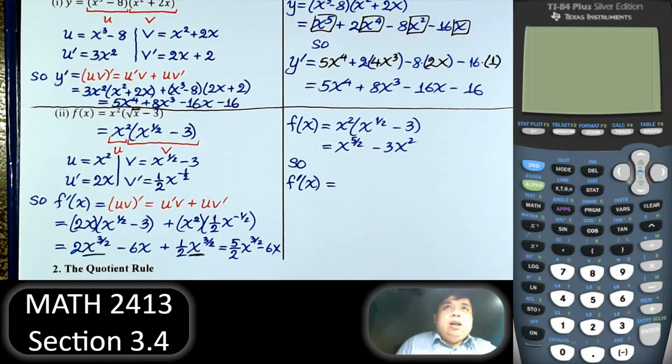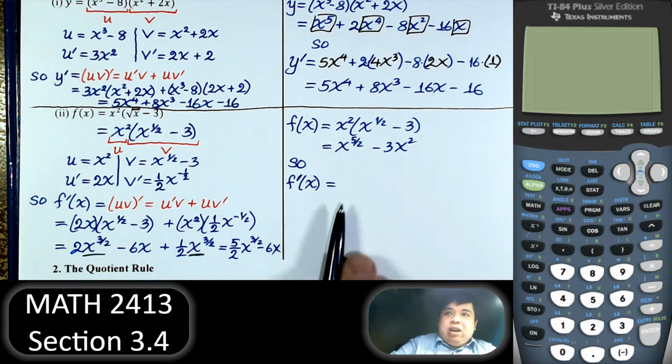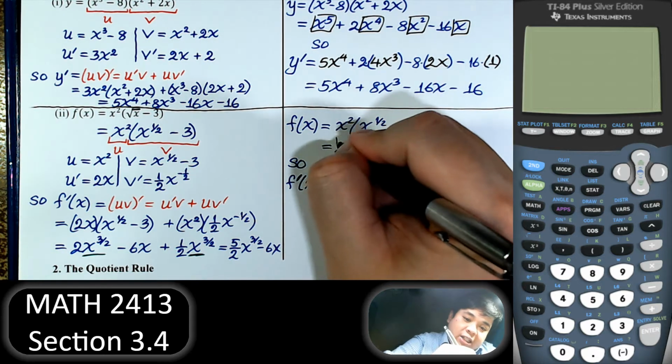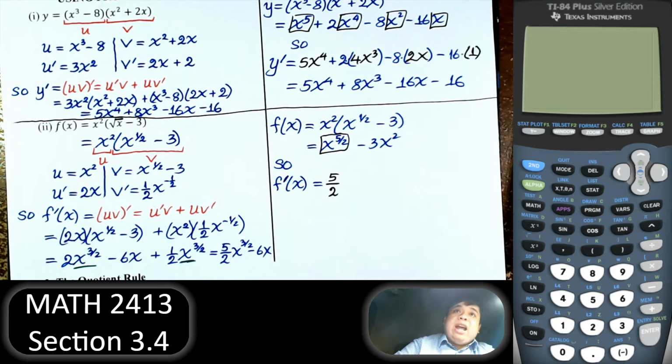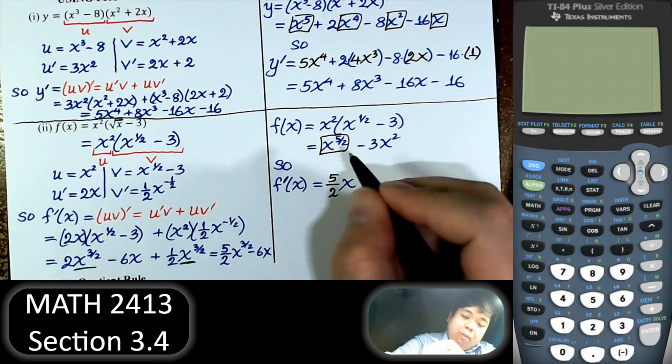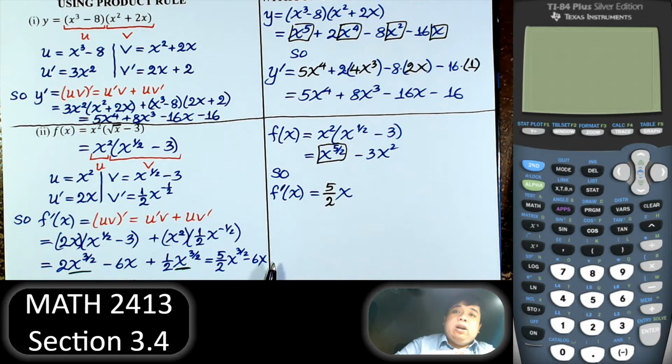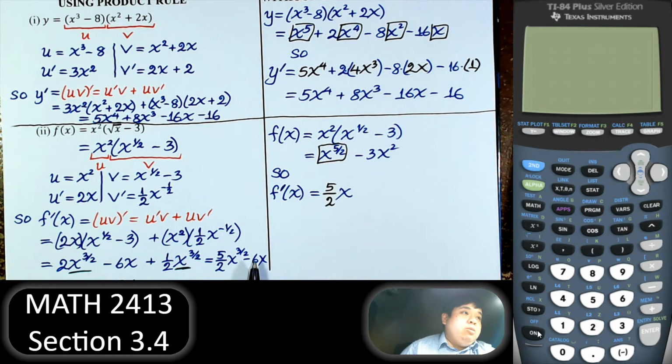Now for that, it's easy, right? The power rule says the original power moves down, and then the original power minus 1. 5/2 minus 1 is 3/2. Of course, if you use a calculator, 5/2 minus 1 is 1.5, hit math, and that's 3/2.